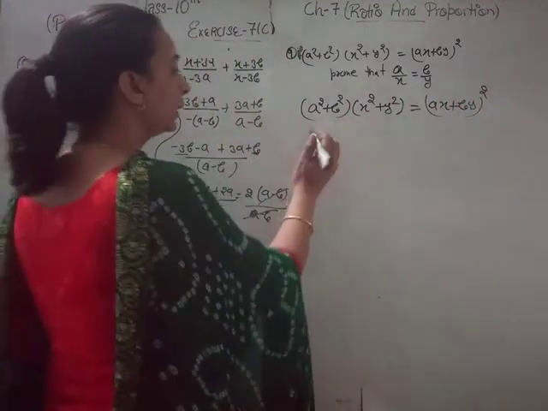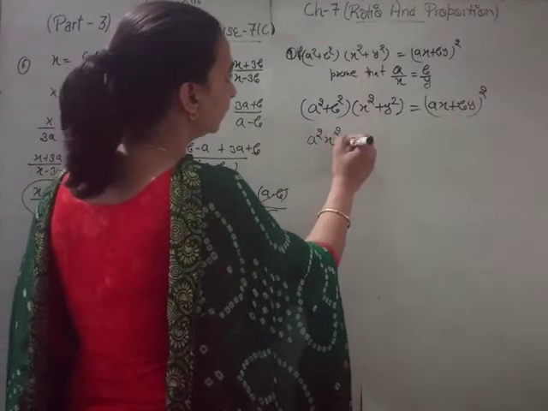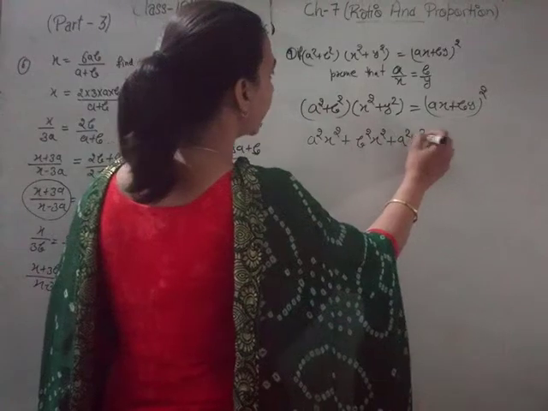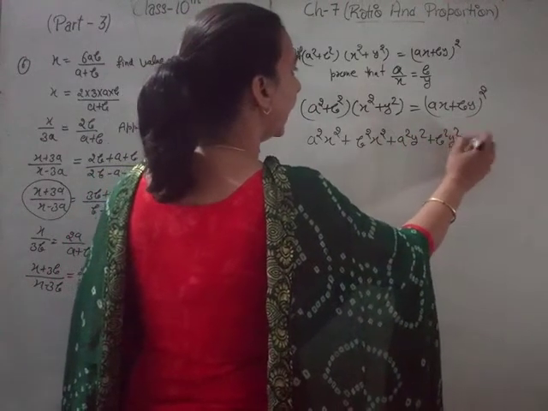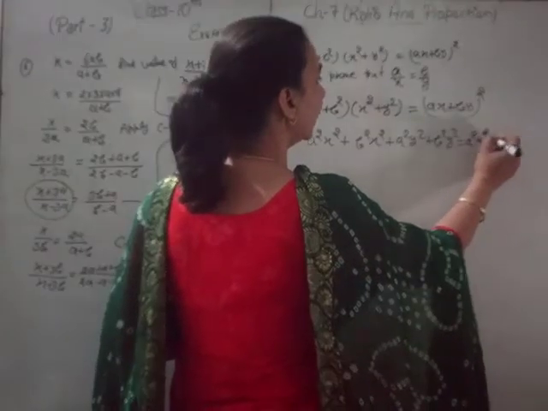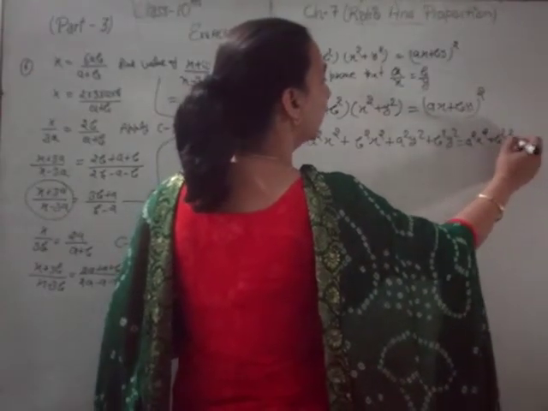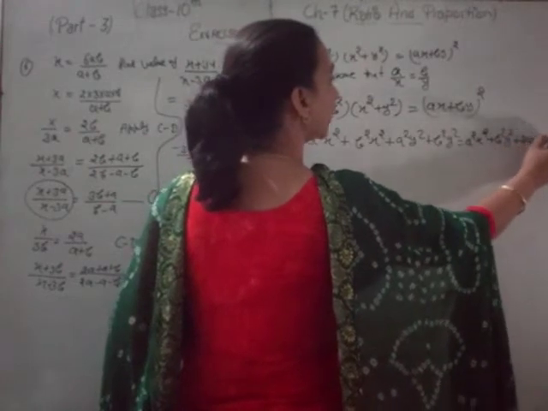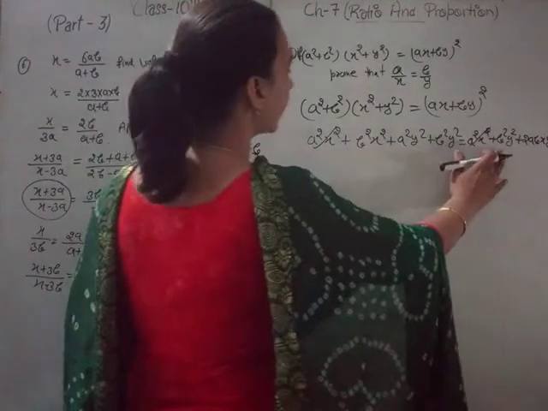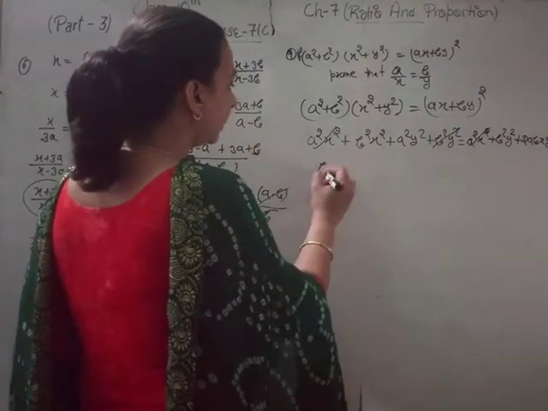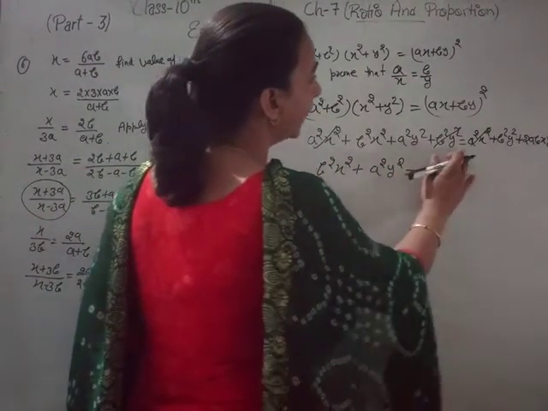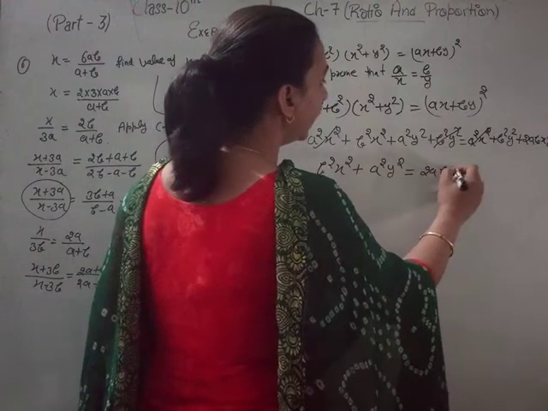Okay, then we solve this: a square x square, b square x square, again a square y square, b square y square, and this is the identity (a plus b) whole square, and this equal to a square x square, b square y square plus 2abxy. Okay students, a square x square cancel, and next is b square y square cancel, then there is only b square x square plus a square y square and equal to 2abxy.